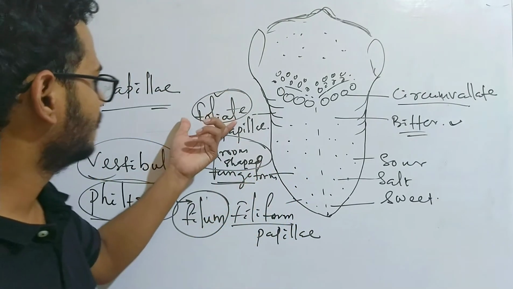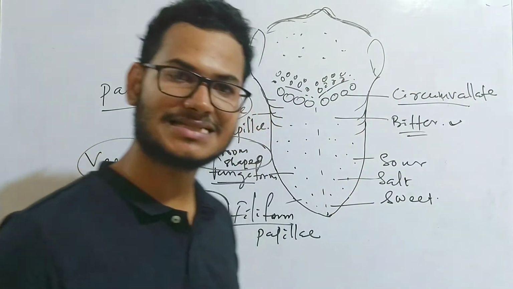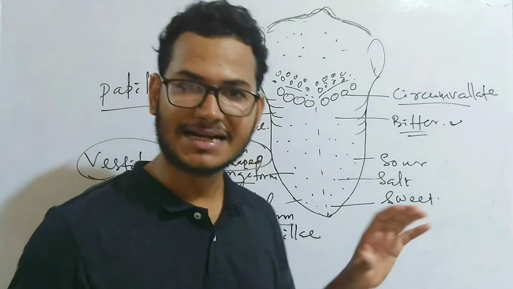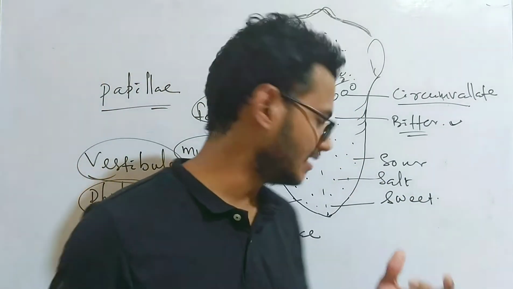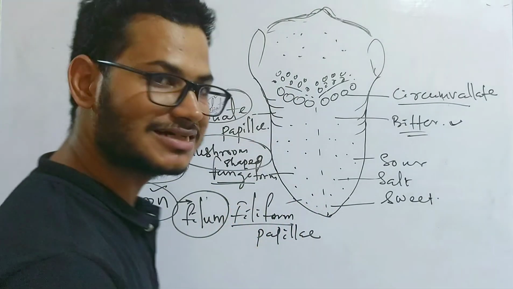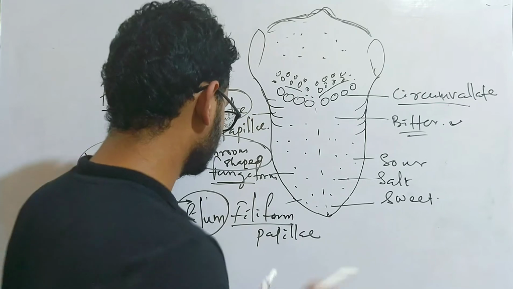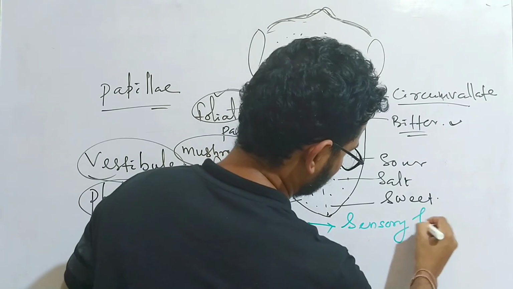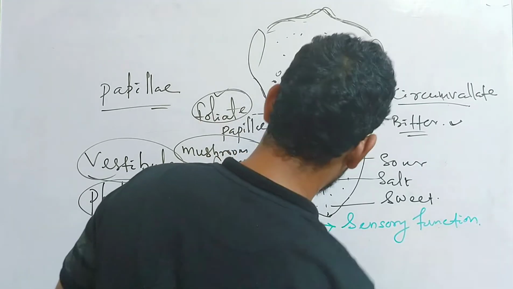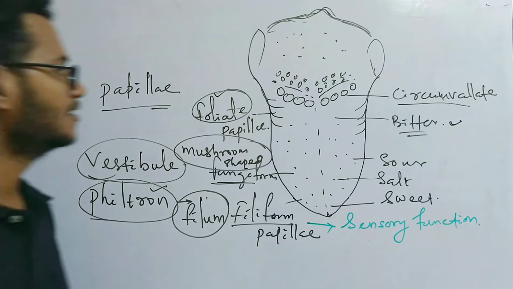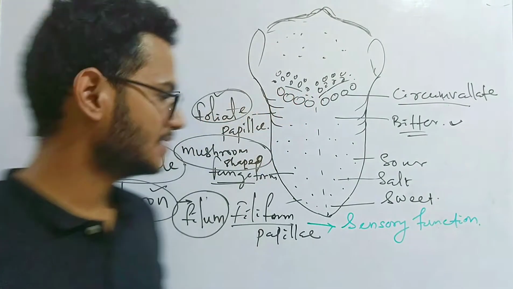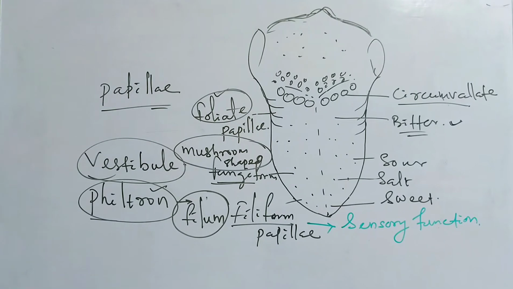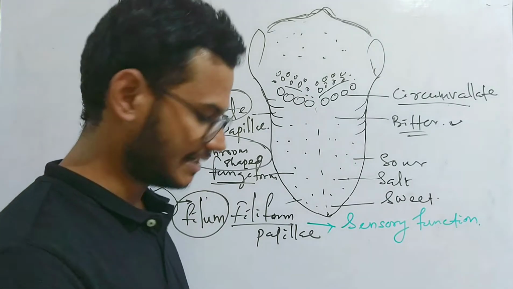So fungiform, foliate, circumvallate, all these 3 different papillae contain taste buds, while filiform papillae is not concerned with detection of taste, but it is related with sensory function. So filiform papillae plays an important role in identifying the sense. Other papillae help in detecting the different tastes as they contain taste buds.